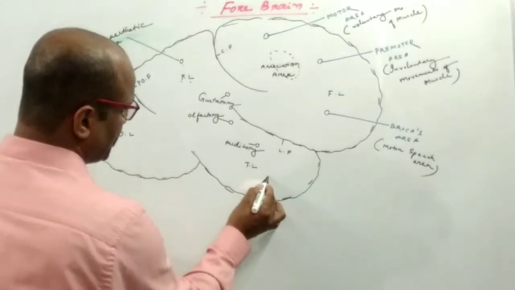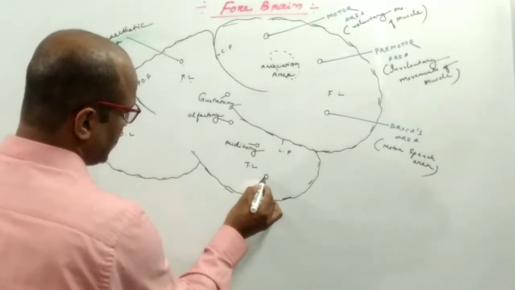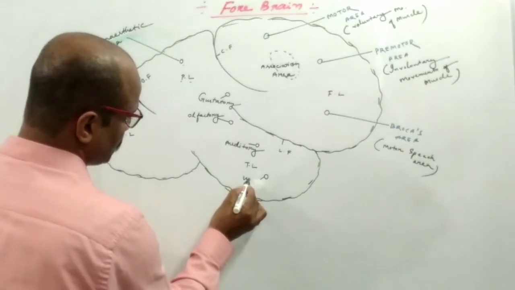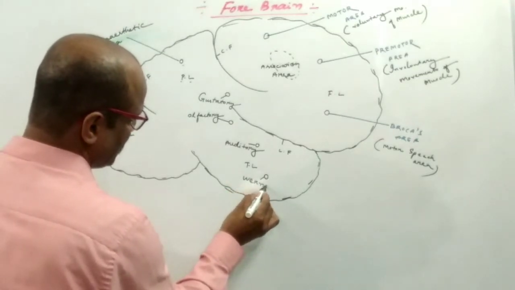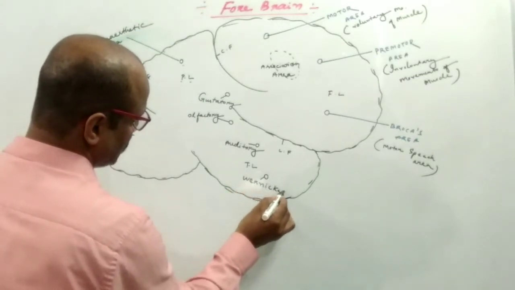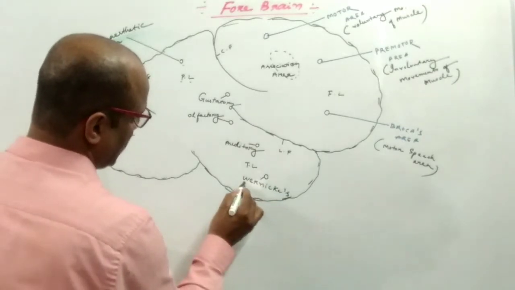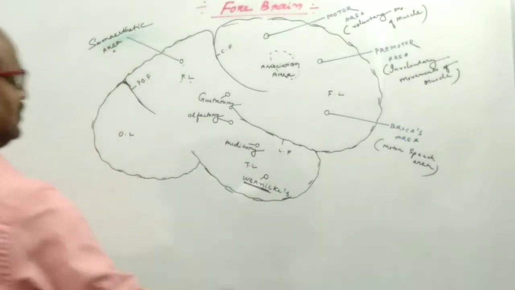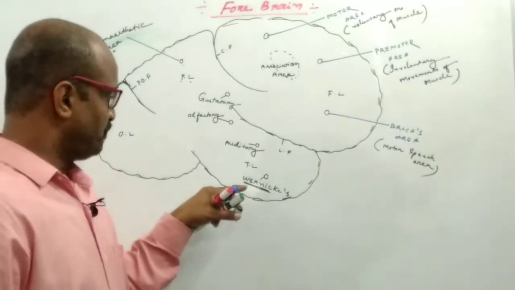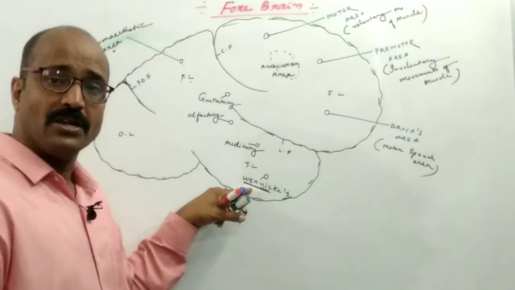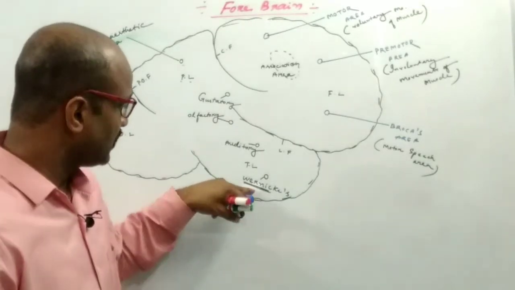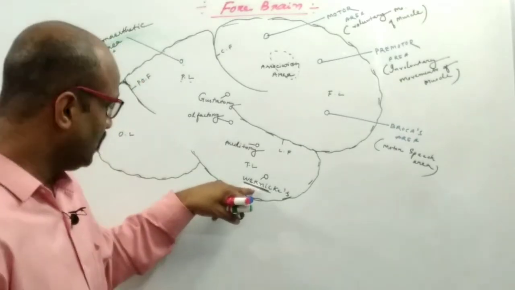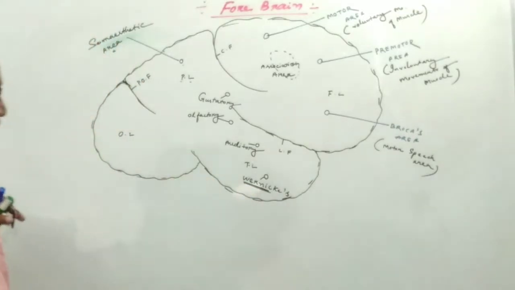Below the auditory area, on the ventral side of the temporal lobe, there is Wernicke's area. This is the understanding of speech. You understand the speech of anyone because of the activity of Wernicke's area.